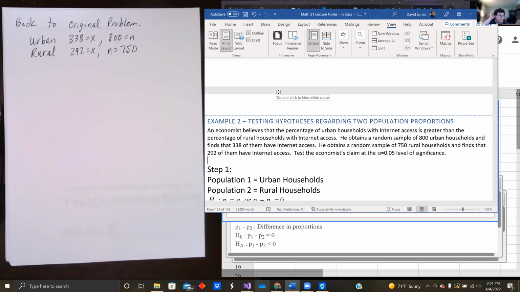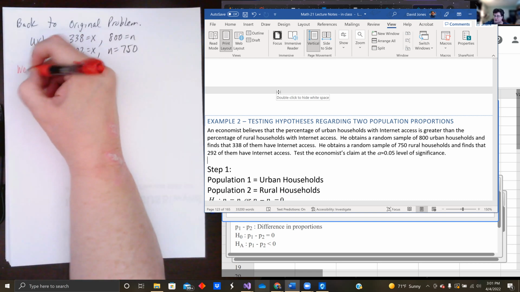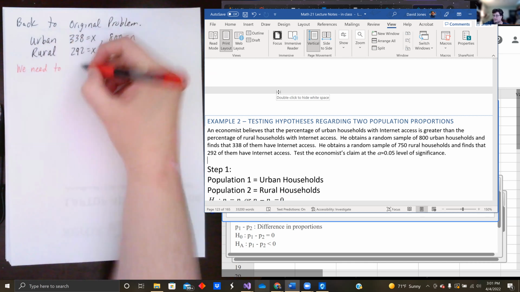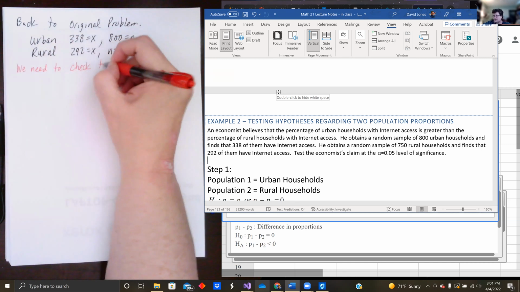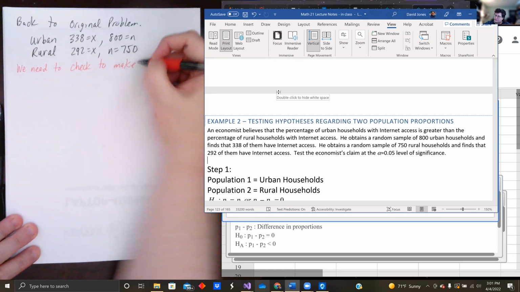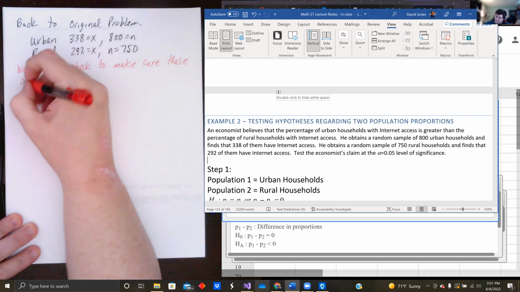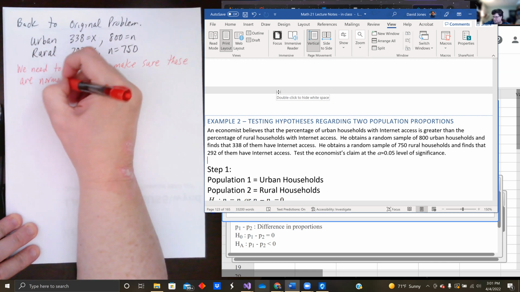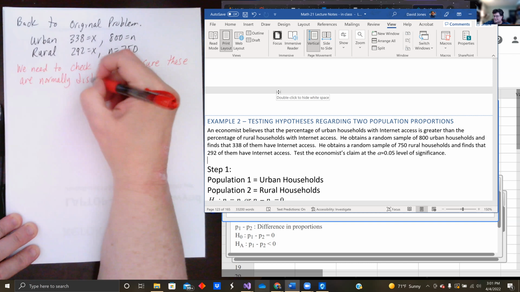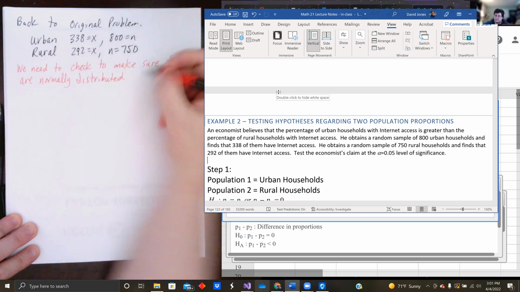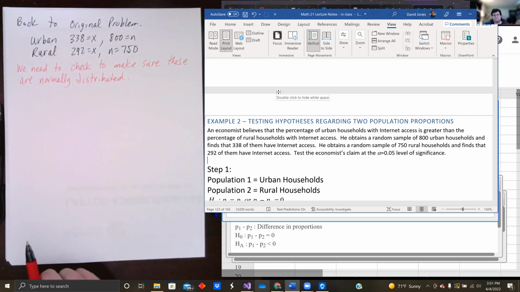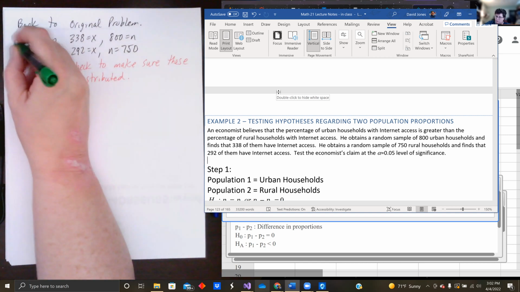So the hypothesis test doesn't change. What we did was still right. What I didn't do, and I should have, is we need to check to make sure these are normally distributed, because this test doesn't work if they're not. So I had called this initially P1 and P2.